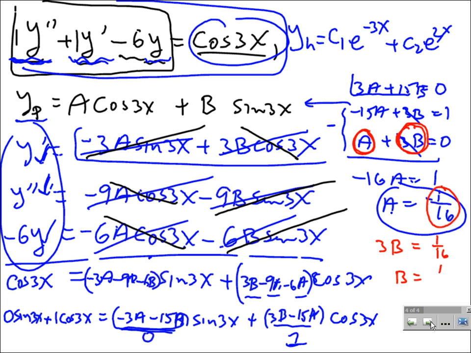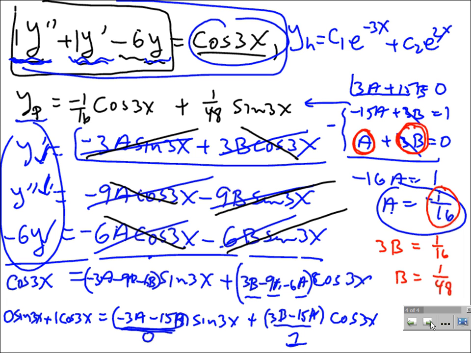Dividing by 3, I get 1 over 48. Okay, coming back to the second line, I'll plug in what A is and what B is. A is negative 1 over 16, and B is 1 over 48.